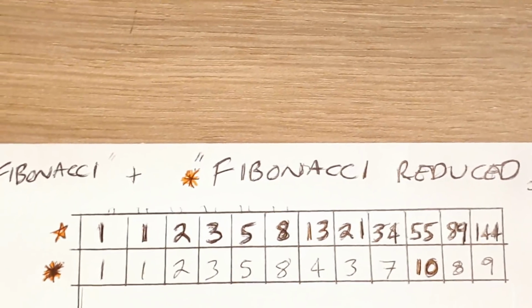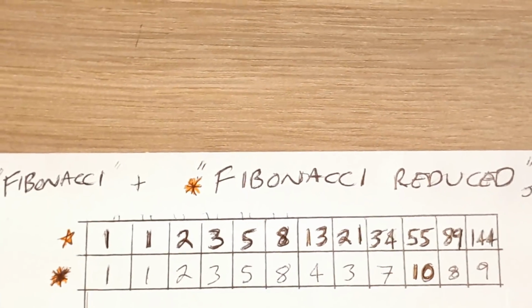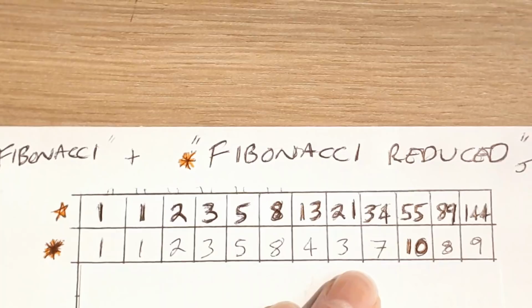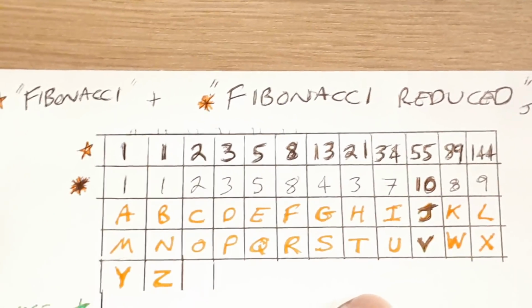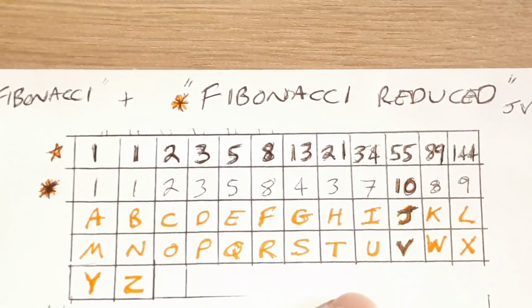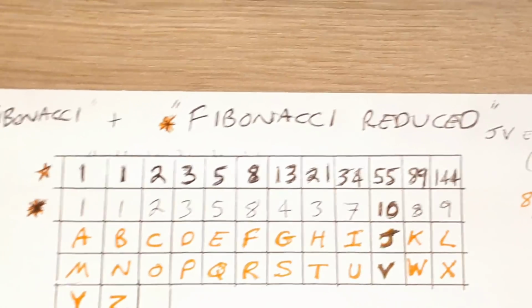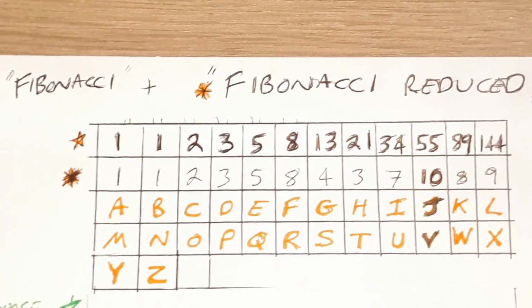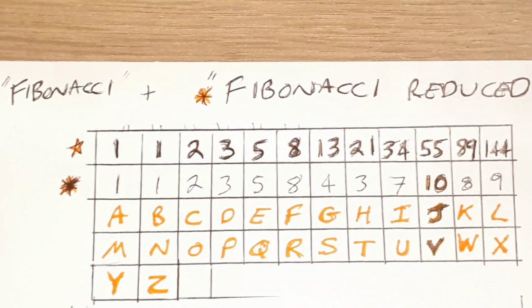So that's the reduced underneath. Hope that kind of makes sense. You notice there that the 55 I've kept as 10. Because as I show you how the letters form the template, the 10 is when it's reduced, you get a JV exception. So JV will be counted as 10 instead of 1.